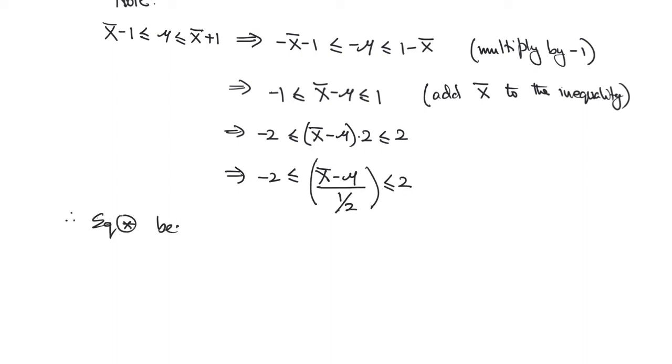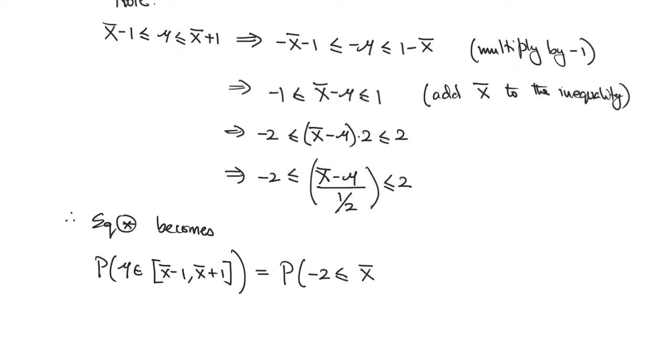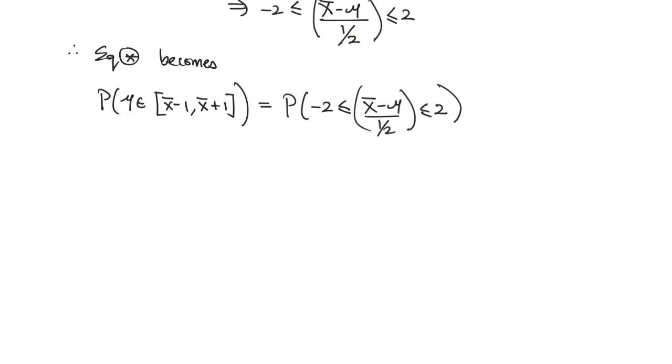Therefore, equation star now gives us that the probability that mu lies inside the closed interval x bar minus 1 comma x bar plus 1 is equal to the probability that minus 2 is less than or equal to x bar minus mu divided by half less than or equal to 2.